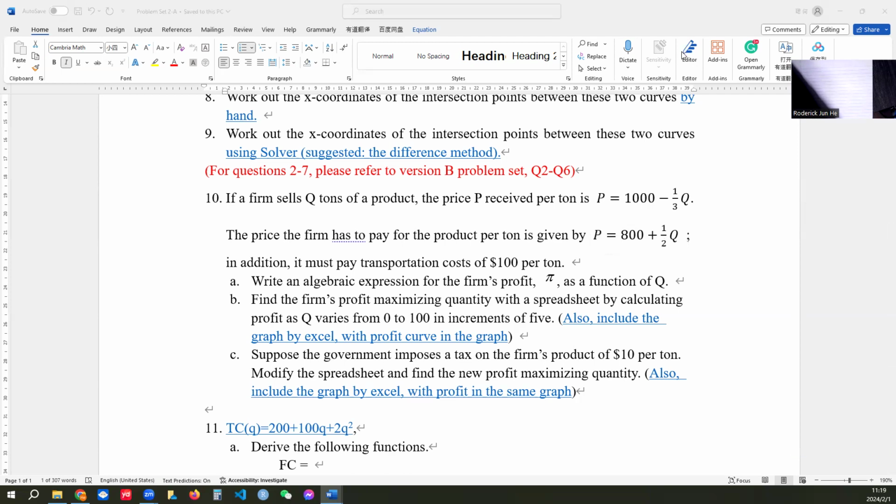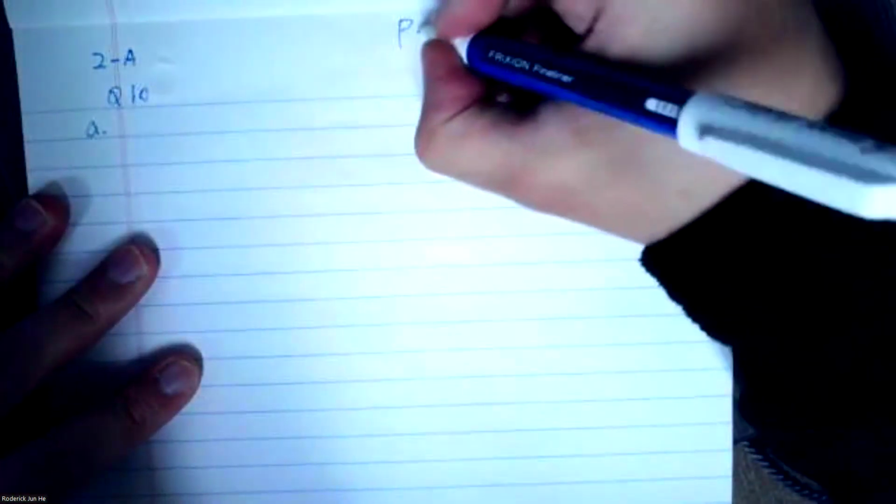So let's look at this using my document camera. Here it's 2A question number 10. All right, so let's look at part A, where we figure out the profit. But before that, let's write down the information that we got.